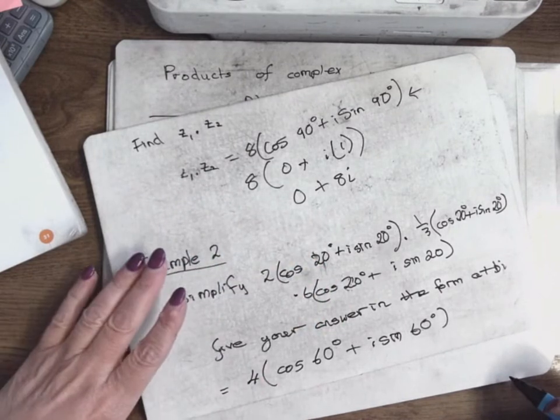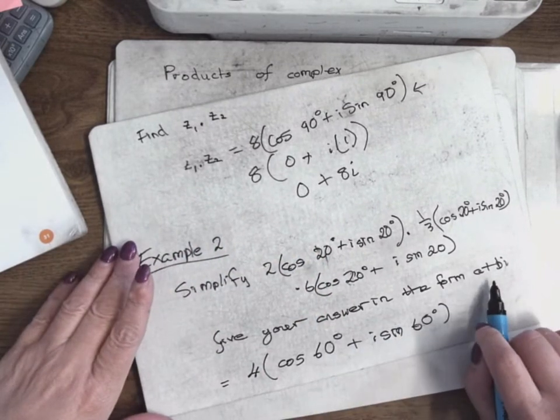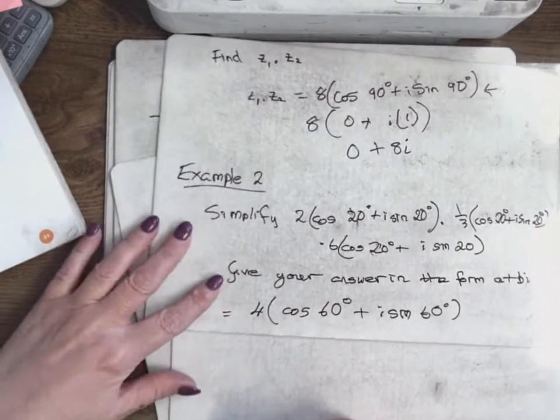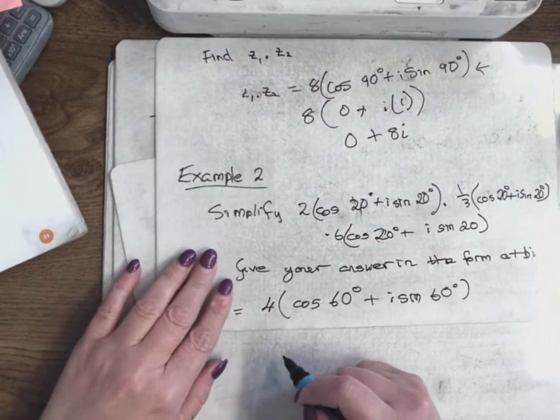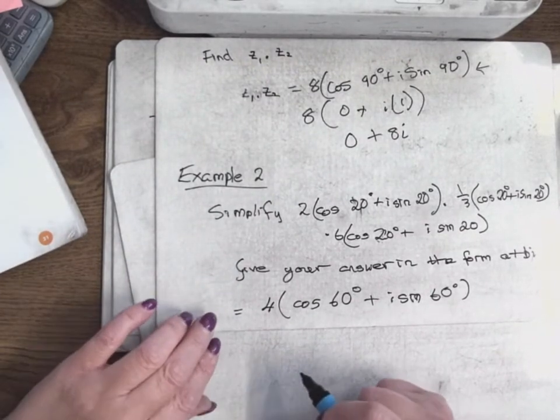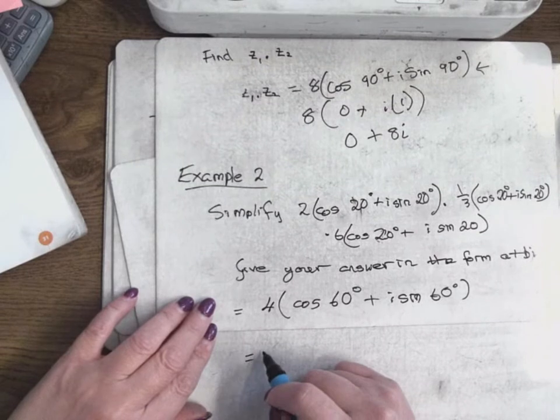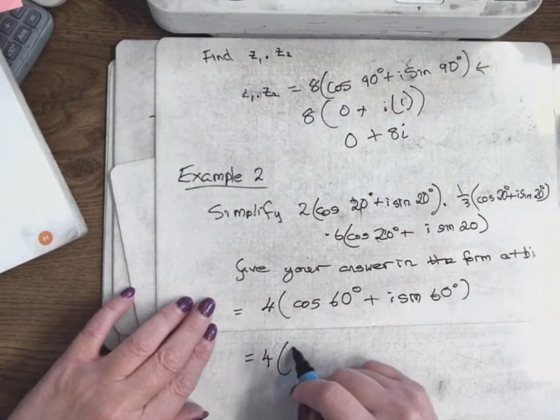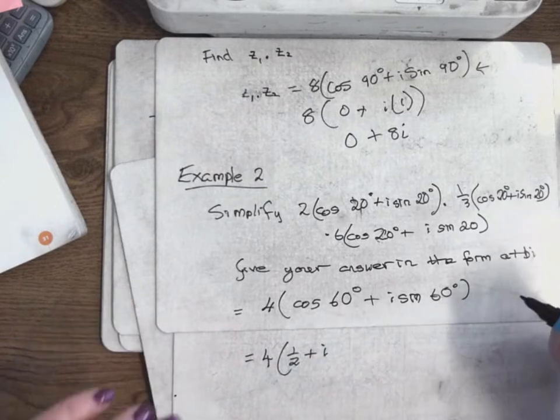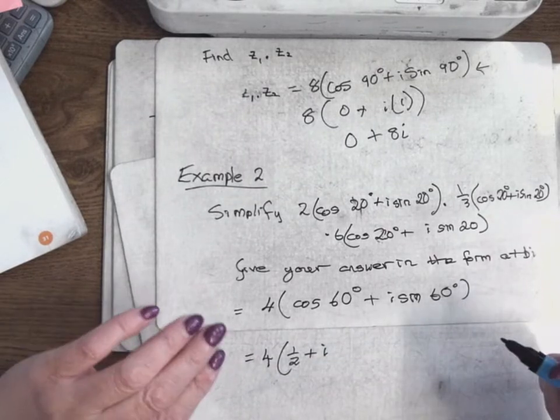Is that right? They said give your answer in the form a plus bi, so that's in rectangular form. So you get the cos of 60 on your calculator, which is a half. So that would be 4 into a half. And the sine of 60 is root 3 over 2.